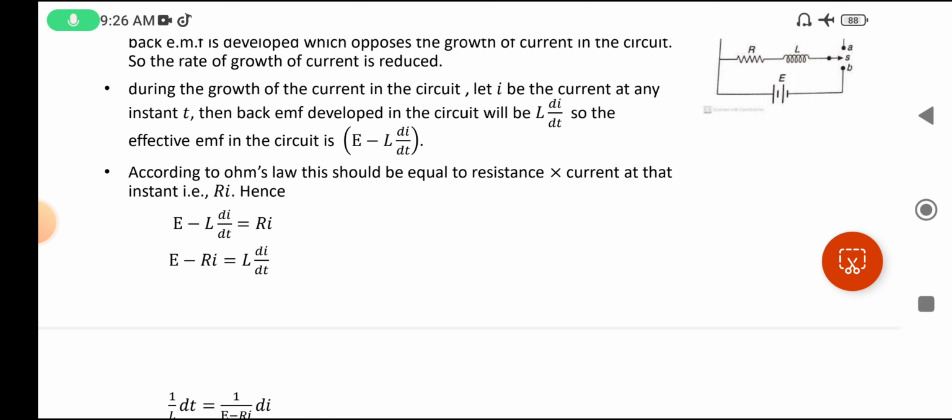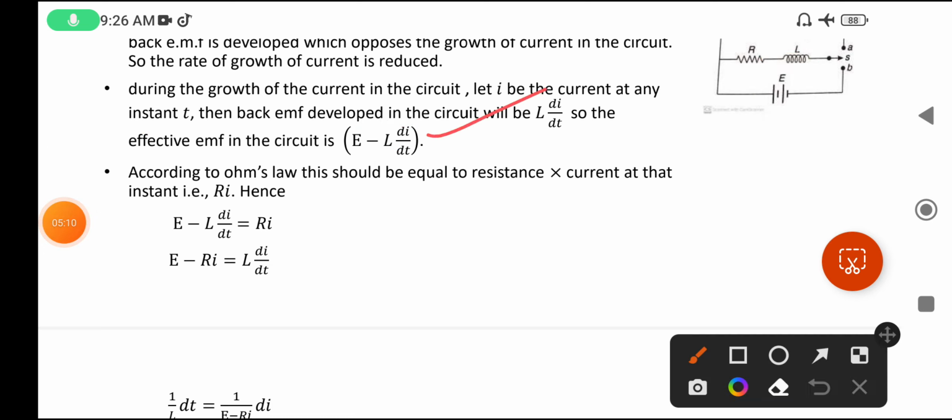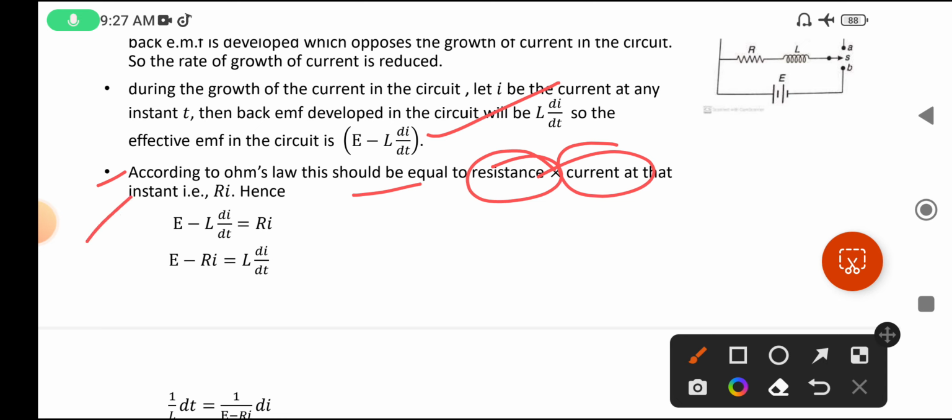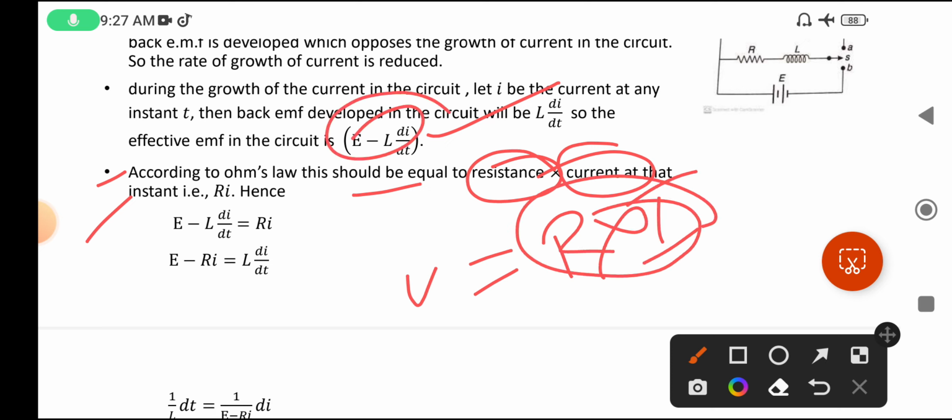So that is the effective EMF. According to Ohm's law, this should be equal to the resistance into the current at that instant. Ohm's law is V equals resistance into current, right. So this total is equal to this.